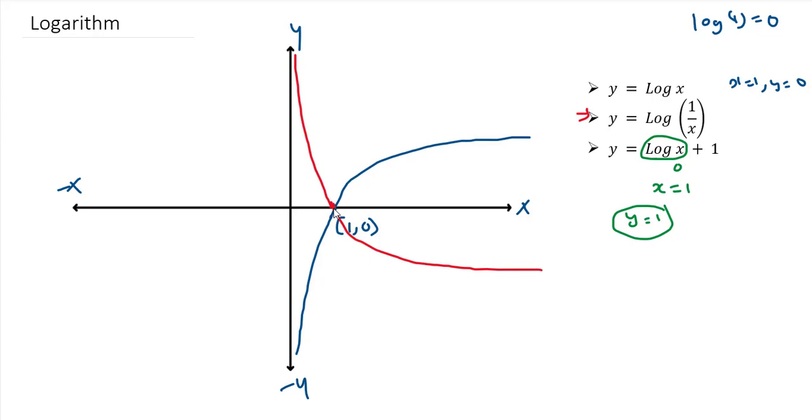So at x equal to 1, which is this point, y will also become equal to 1. So your graph must pass through this point. So your graph for this equation will look like this way. So this is how your graph for the third equation will look like. It has just shifted a little bit and the coordinate of this point will be 1 comma 1.